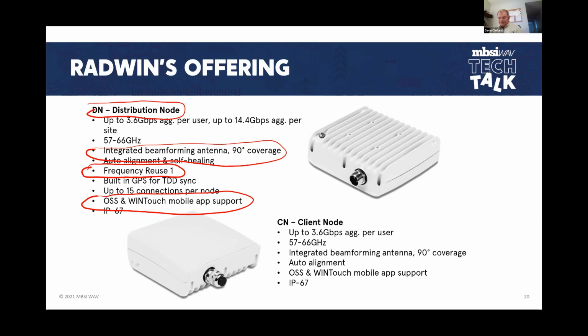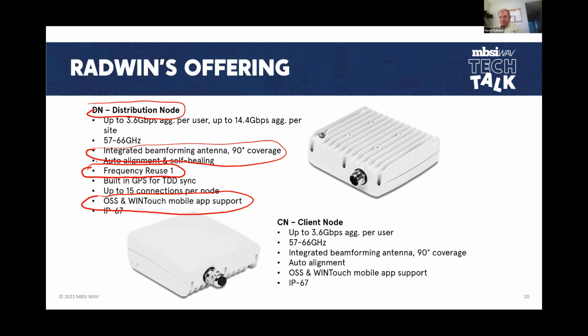I can take, let's say, channel 4, which has the lowest oxygen absorption, and then put all of my distribution nodes, and of course by default the client nodes, end up all on the same frequency, and we have enough time and the coverage and the limitations that enables us to be able to do this.